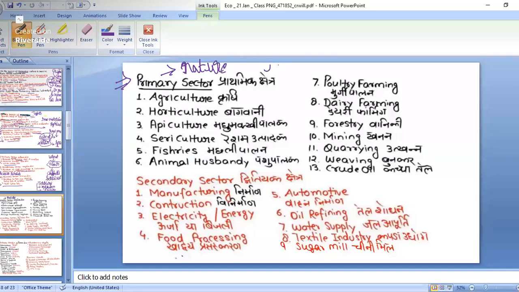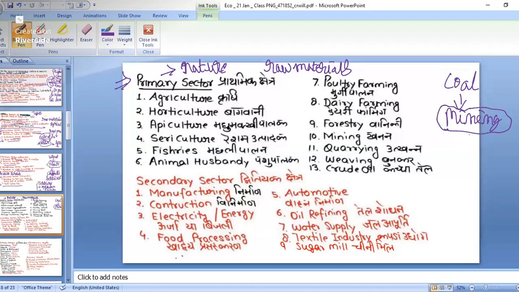There will be production of raw materials. Okay. So like we get coal. If you want to have coal, for that we need to do the mining process. So mining is directly related to nature. Okay. So this mining comes under the primary sector.